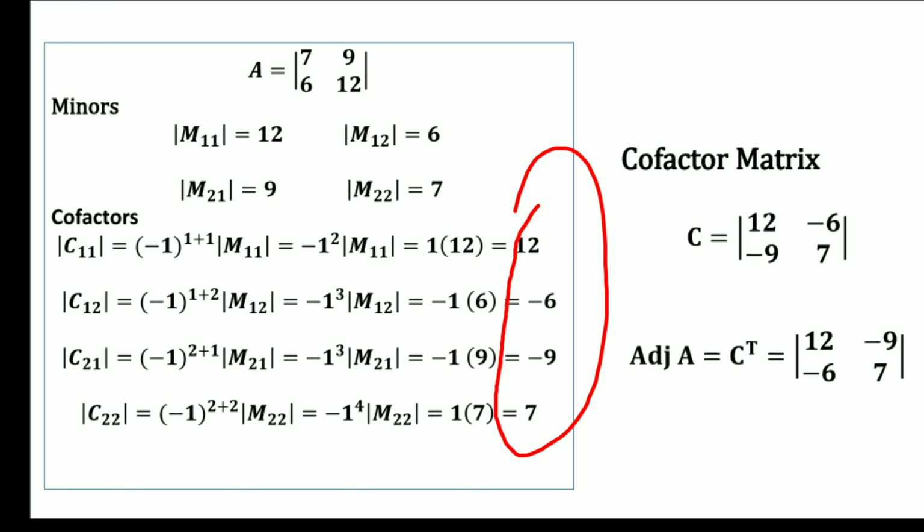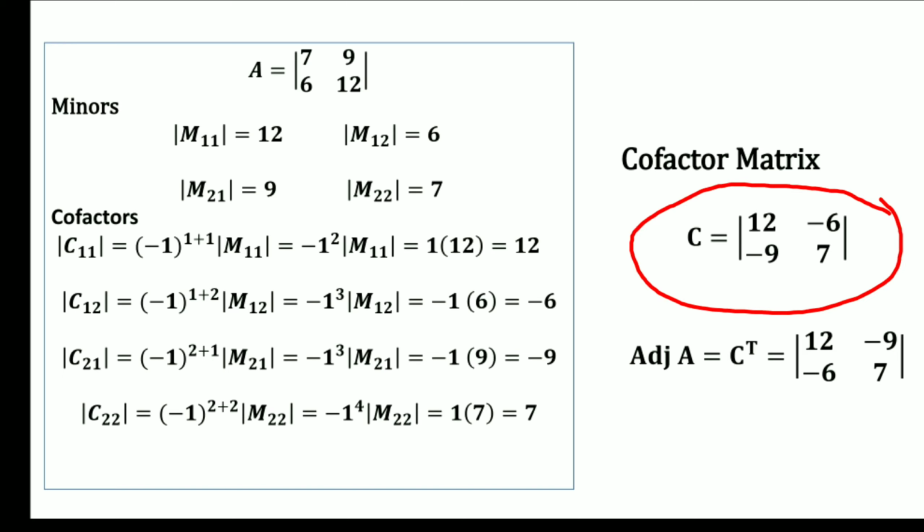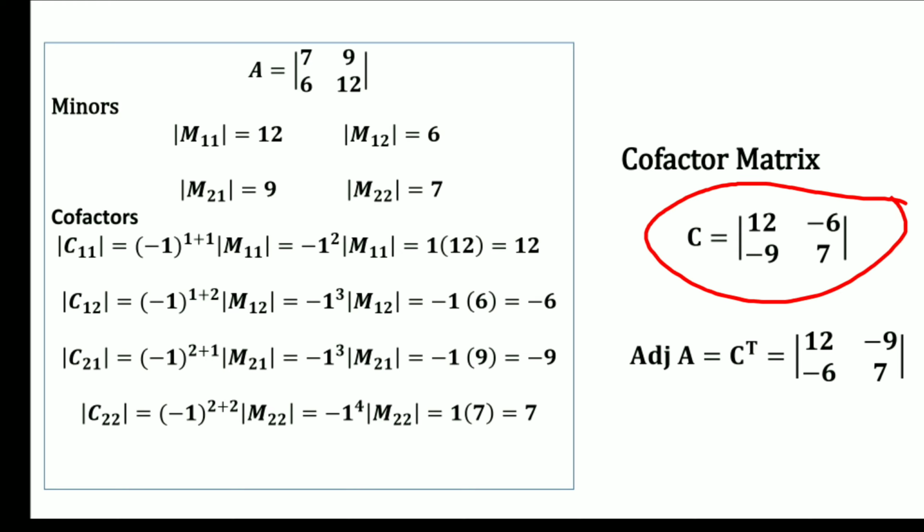So here the cofactor matrix C is equal to: instead of the first element 7, we put the first cofactor, 12; instead of the second element 9, we put minus 6; instead of the third element 6, we replace it with minus 9, the third cofactor; and instead of the fourth element, we replace it with 7, the fourth cofactor of the given matrix. So we have the cofactor matrix C equal to 12, minus 6, minus 9 and 7.